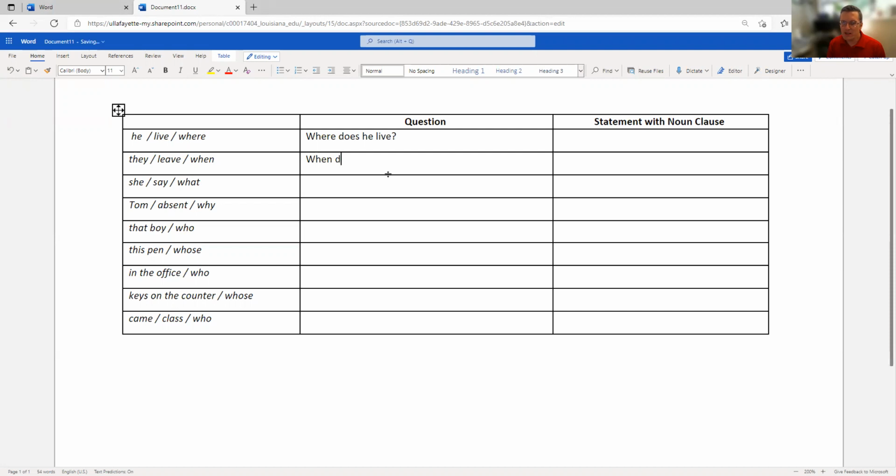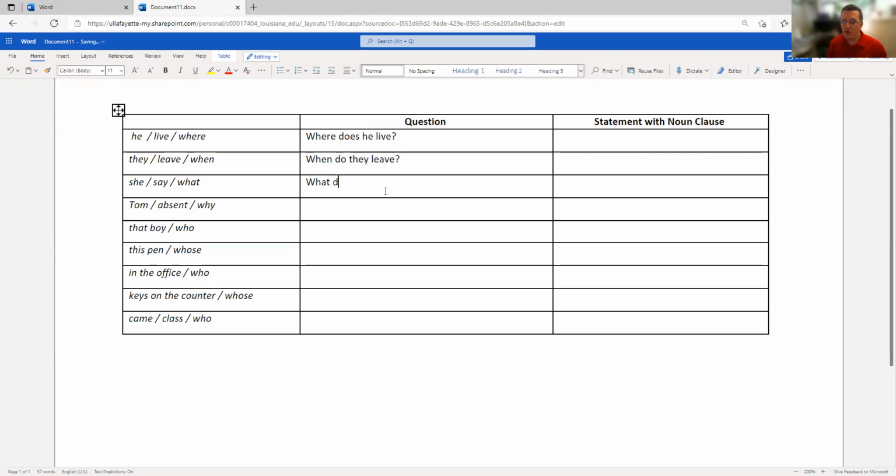So we can say, when do they leave? If you said, when will they leave, if it's future, it's good. Past tense, when did they leave? But we get the order right: question word, helping verb, subject, main verb.